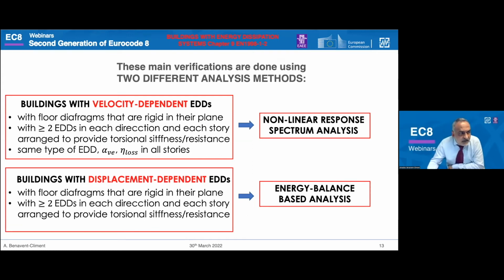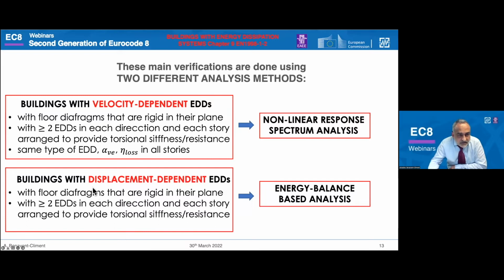So these main verifications are done using two different methods. One method is the nonlinear response spectral analysis that is used for buildings with velocity-dependent dampers, and the other method is the energy balance-based analysis that is used for buildings with displacement-dependent dampers.